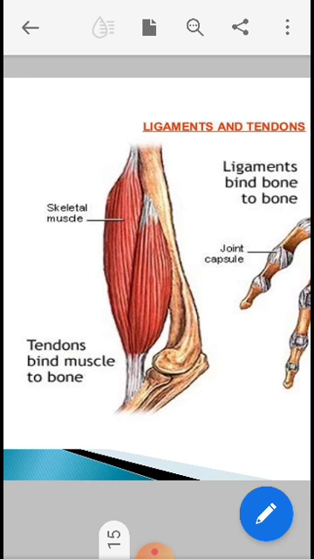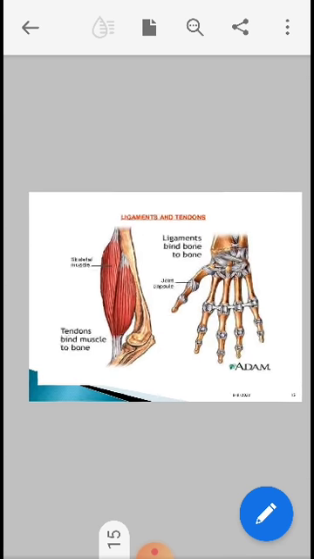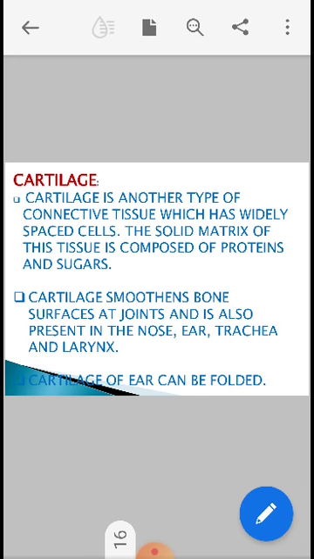Here the tendons are binding the muscle to the bone, and on the right side you can see the palm which shows the ligaments. The white color you can see is the joint. Joints have connective tissues that contain ligaments that bind bone to bone. So the bones are connected to the other bones with the help of ligaments.